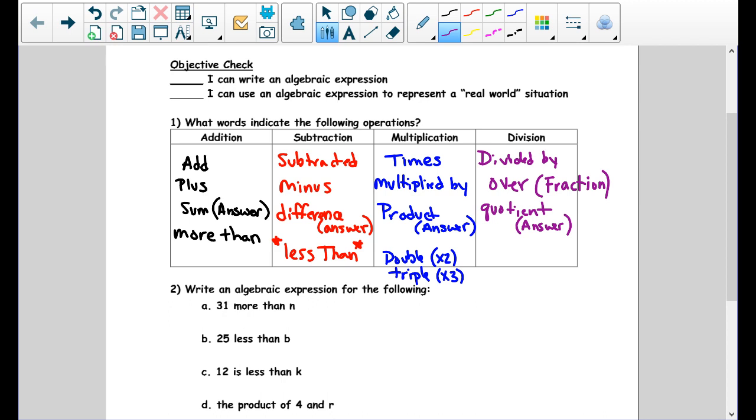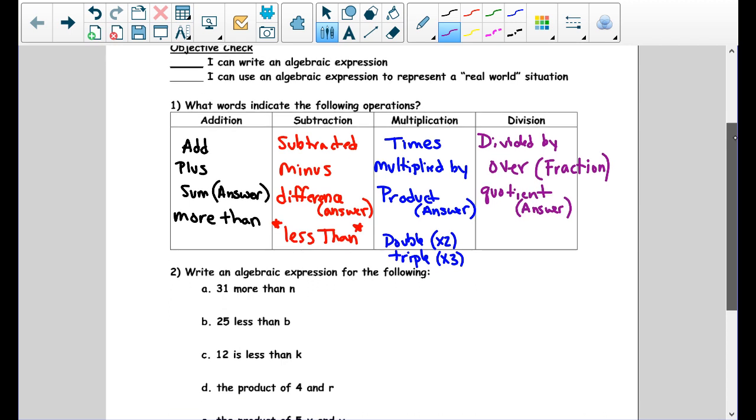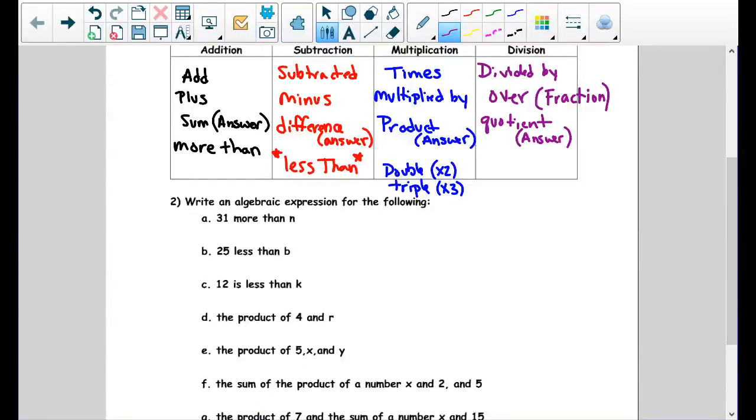So that's what we're doing. We're taking these words and now we're going to write these expressions out. Now, for the most part, you can just write it as it's given to you. So number 2A, 31 more than n.